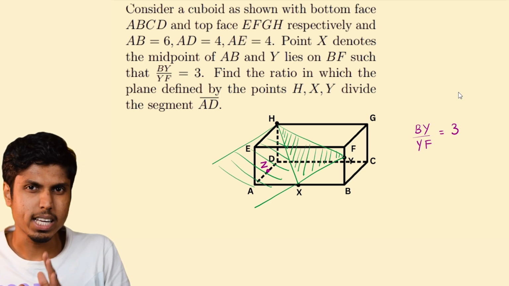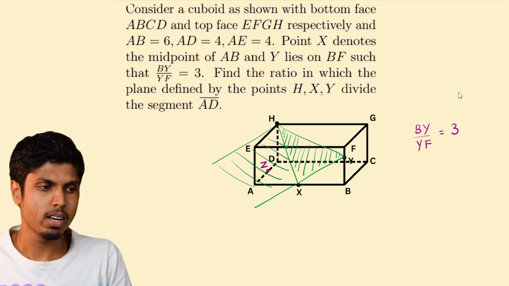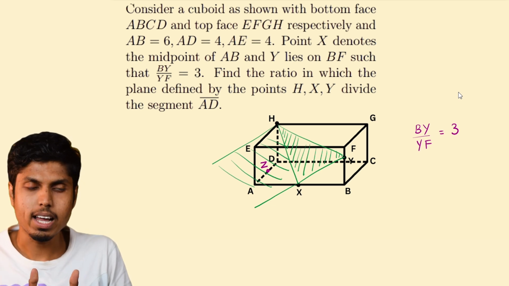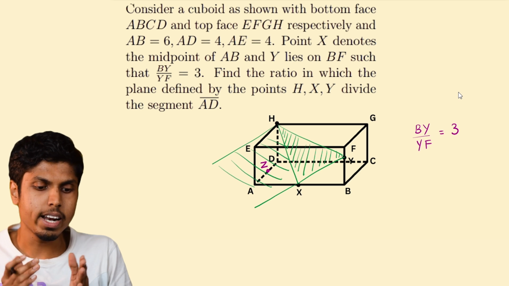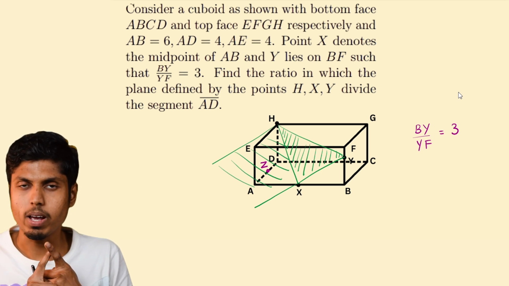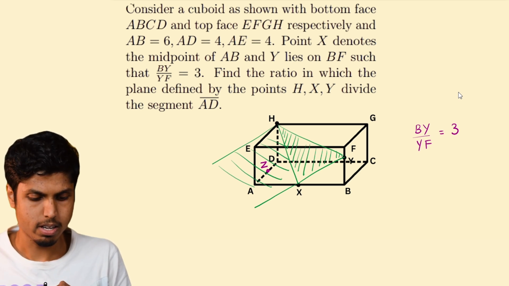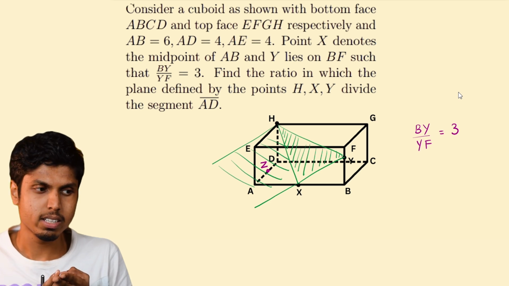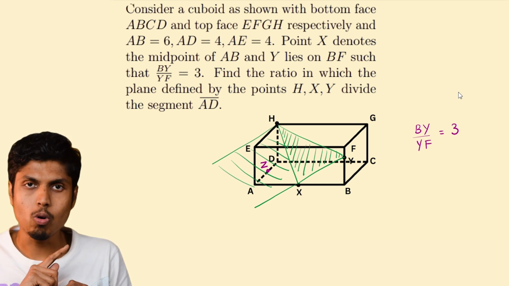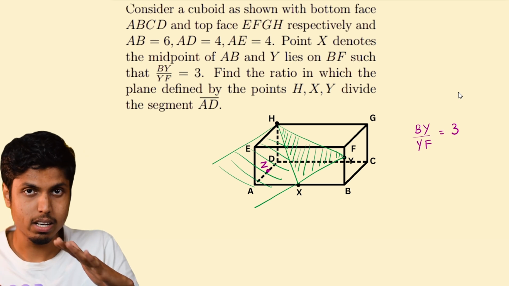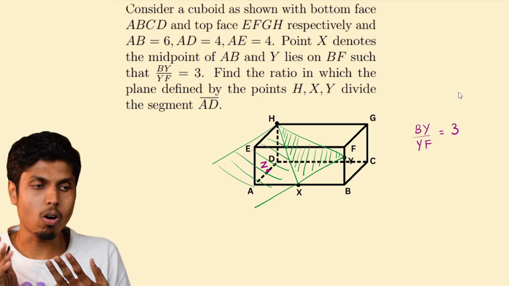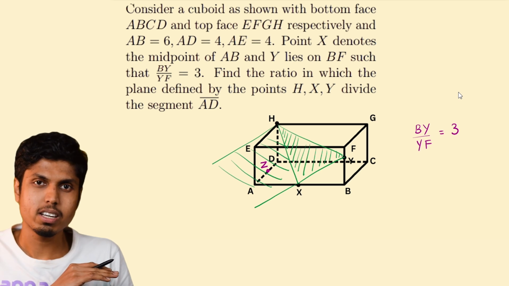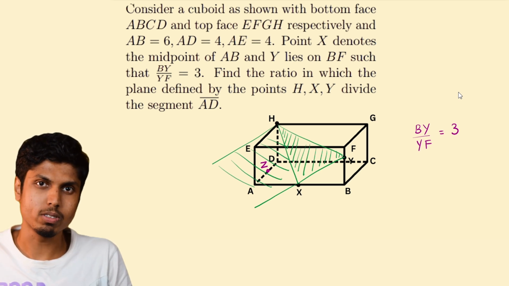So first, let's learn something. If you consider a line, it either intersects this plane exactly once or it intersects at no point, in which case it is parallel to the plane, or the third case, it is intersecting at infinitely many points.